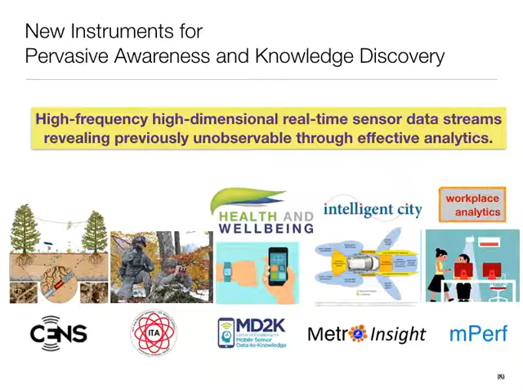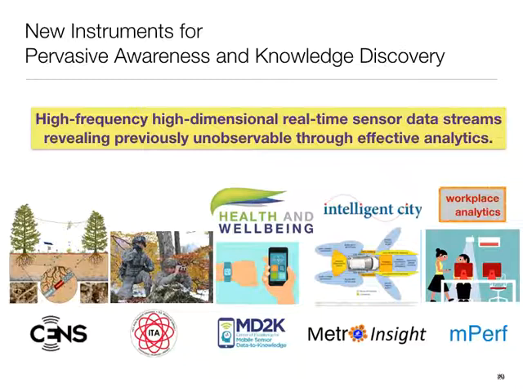The focus of the center was forests, ecosystems, lakes and rivers, and monitoring for earthquakes and those kinds of things. But after that, a whole bunch of other things have emerged. Certainly the focus on security and defense has always been there. Health emerged. City, workplace analytics, all these things emerged. As well as transportation, the energy grid, all of these things.